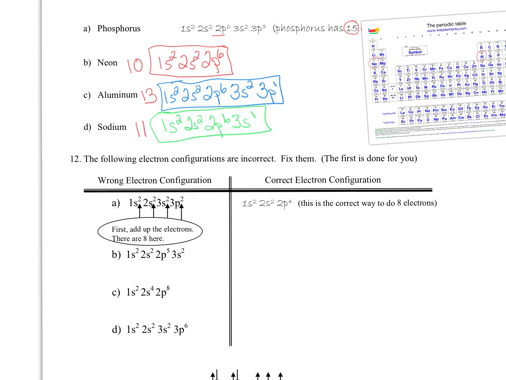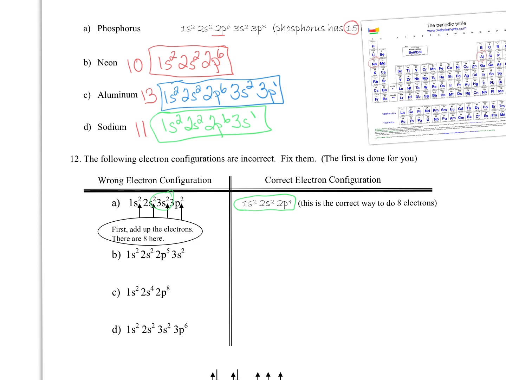There's 8 electrons, but there shouldn't be 3s right here. It should be 2p. So we have 8 electrons, 2, 4, 6, 8. This is the correct way to do 8 electrons: 1s2, 2s2, and 2p4.